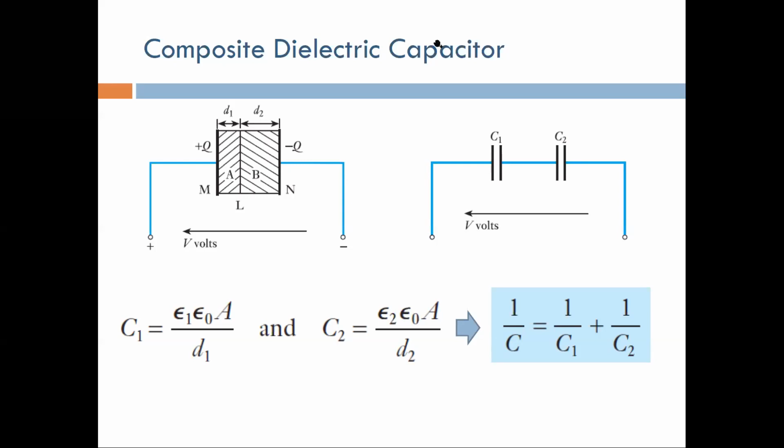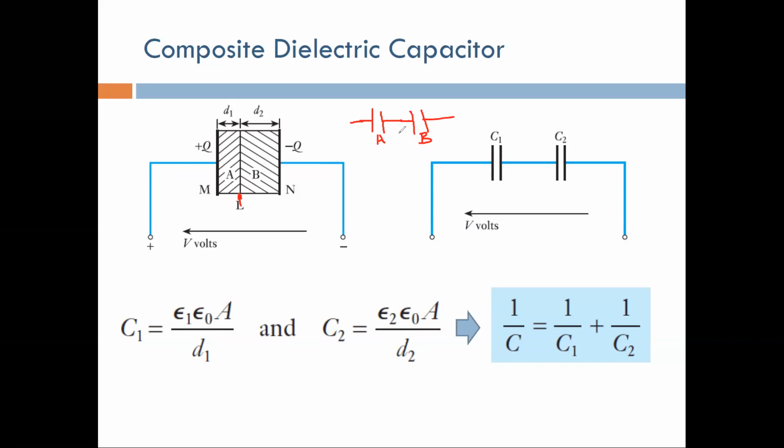In this case, we need to consider this problem as series capacitors. It is as if you have another plate right there. So it's as if you have a capacitor with dielectric A here and another capacitor with dielectric B here, connected in series.